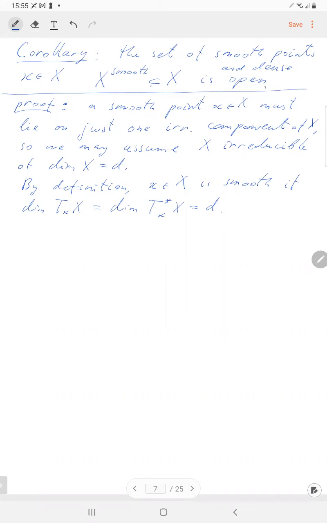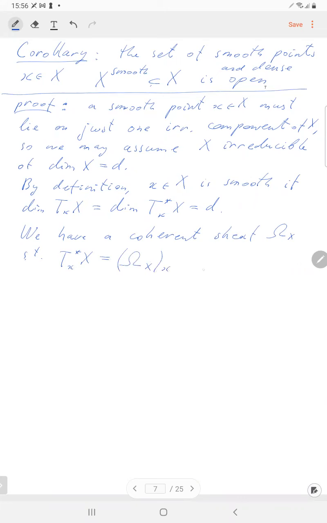But now we have a coherent sheaf Omega X such that the Zariski cotangent space at x is just the fiber of this coherent sheaf at x.